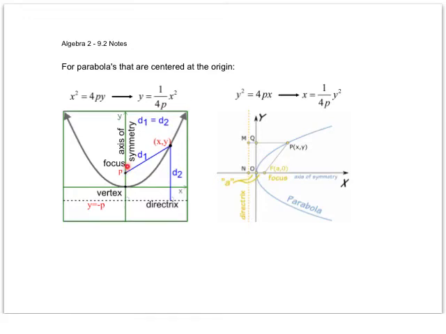And however far you go to the focus, you go the other direction for the directrix. And that's all you need to know for working with parabolas, and we can find everything based on this. Now, these are equations for parabolas centered at the origin. So if they're not centered at the origin, things will look a little bit differently.